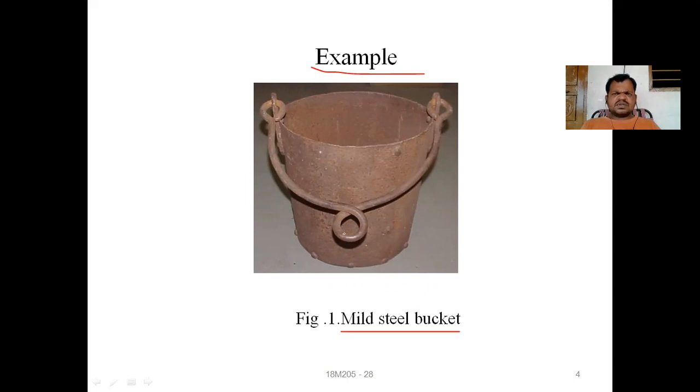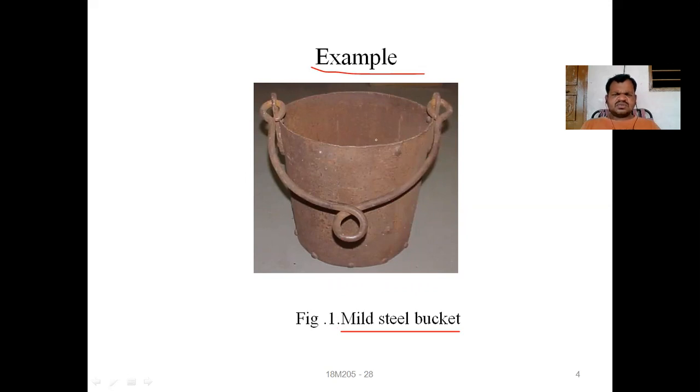In the market we have different types of buckets, designed with different materials. We can manufacture buckets from galvanized iron sheets, and somewhere we use aluminum, and somewhere mild steel also.